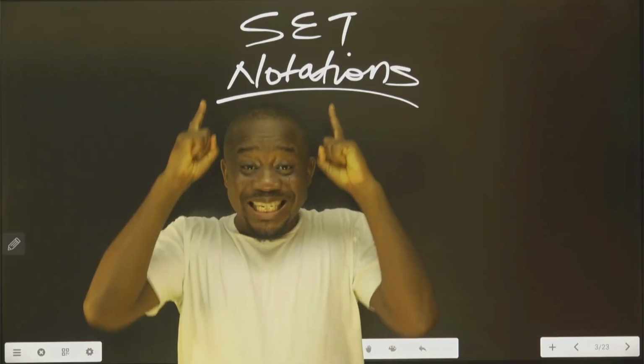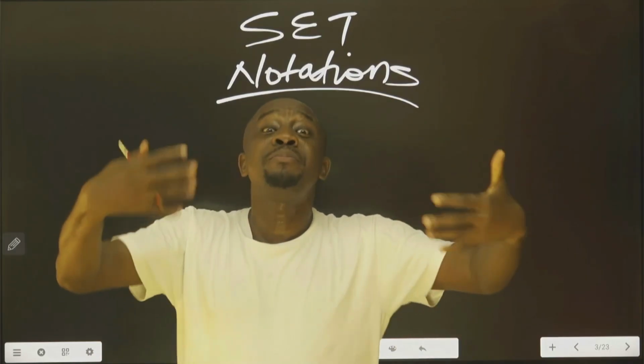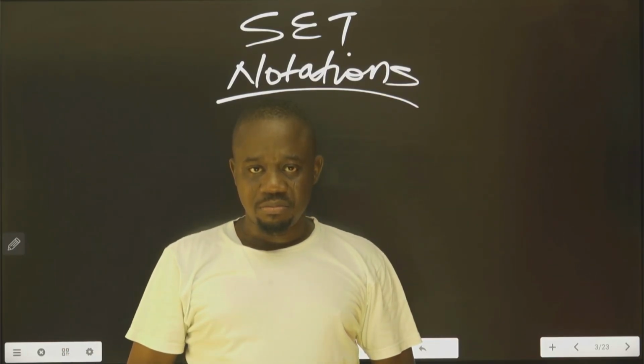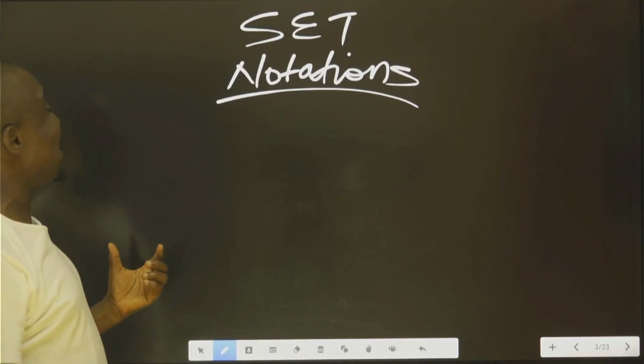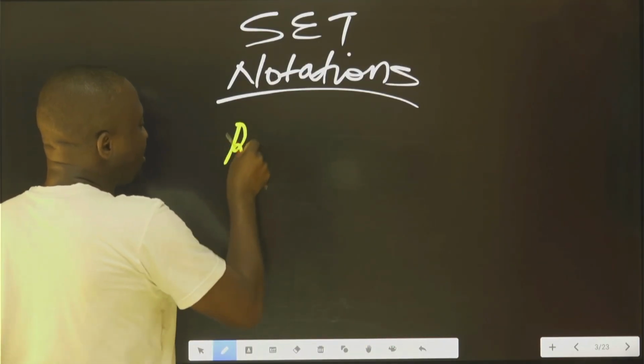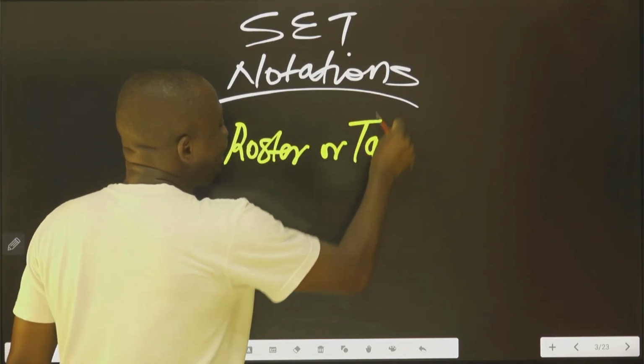Now, we are looking at set notation. Okay? Set notation. How do you represent a set? There are 2 ways. The first one is roster or the tabular form.